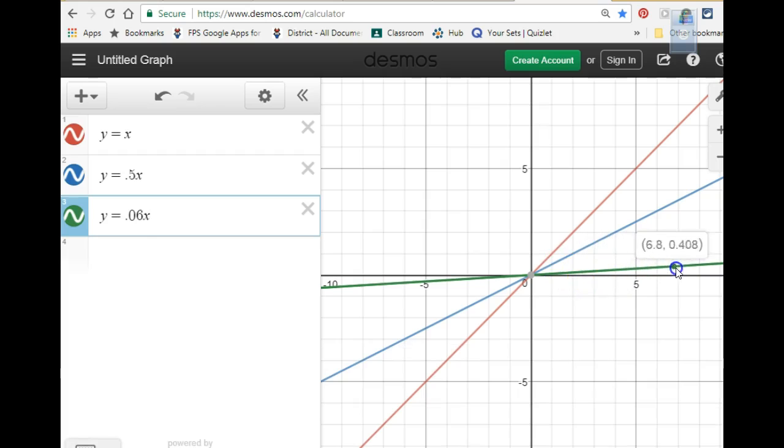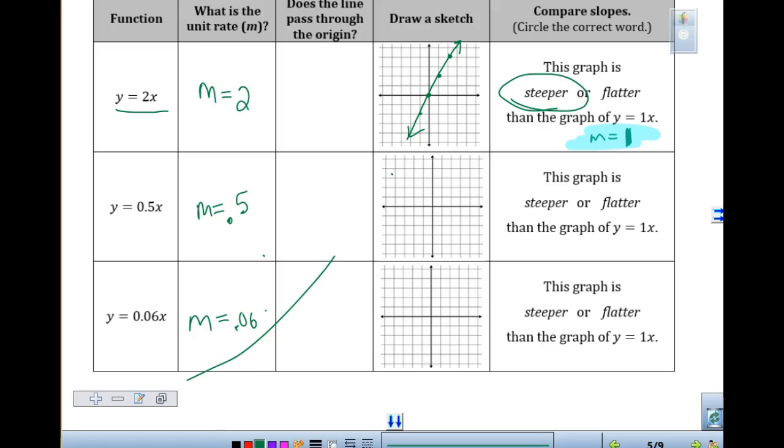So again, you can move points along there, and you can see that last one. Right now in your notes, you have it circled, steeper or flatter than y equals x. Remembering, our slope here was 1, our slope here was 1. Here our slope was 0.06.